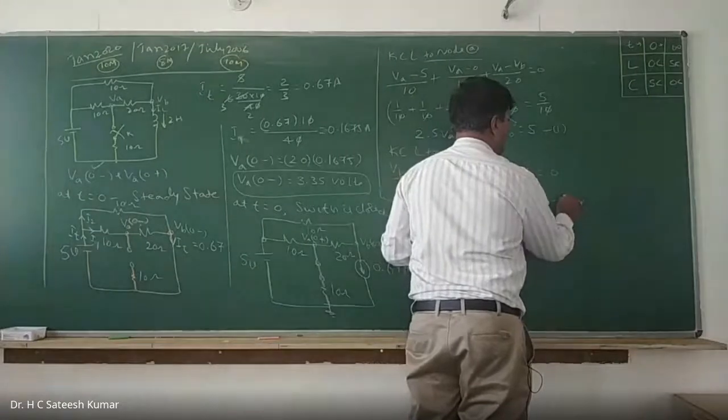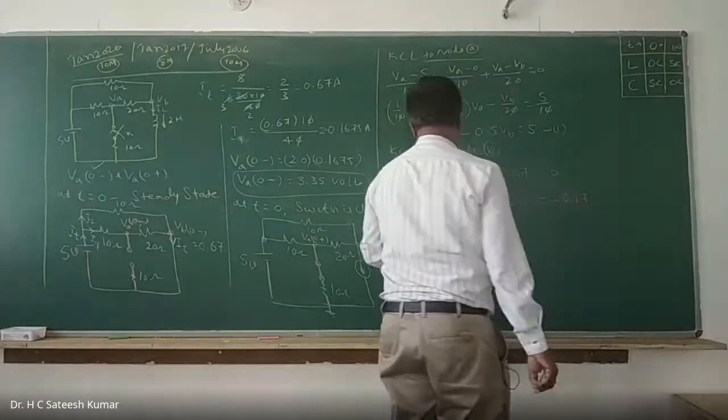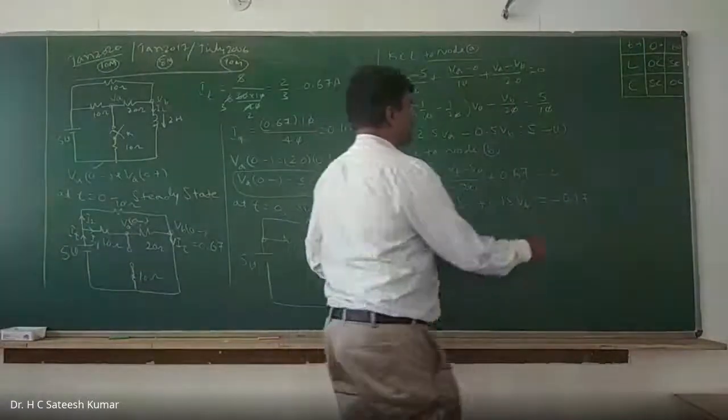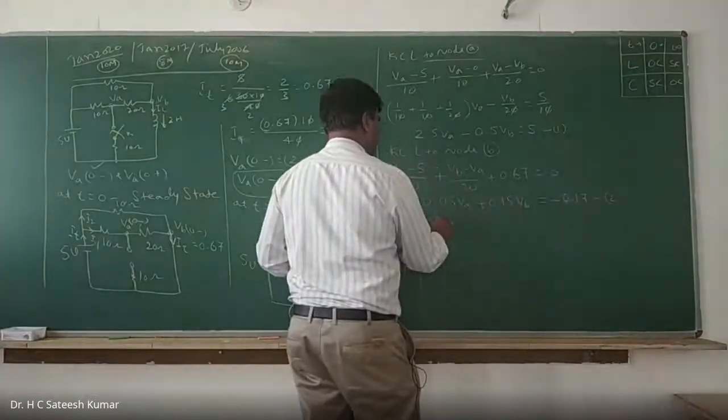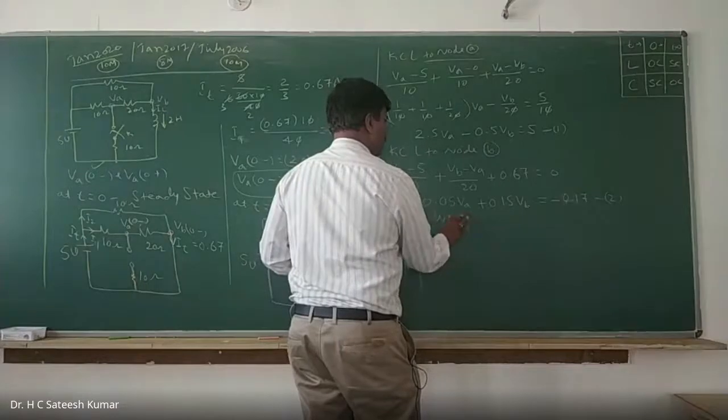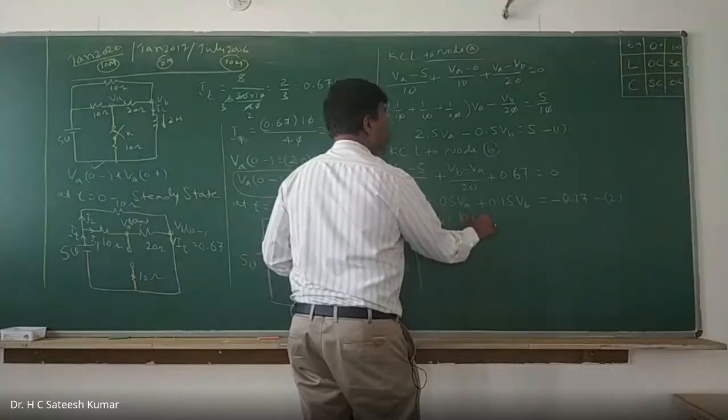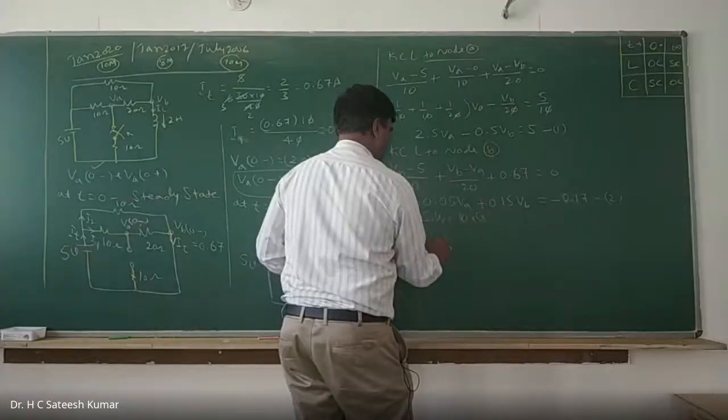Call this equation number 2. These two are simultaneous equations, you solve them. Solve 1 and 2, so you will get VA as well as VB.